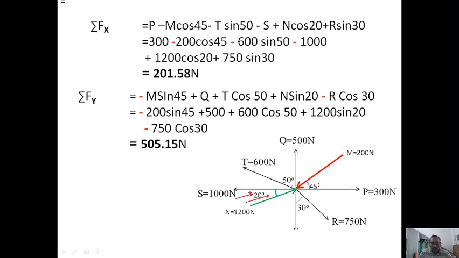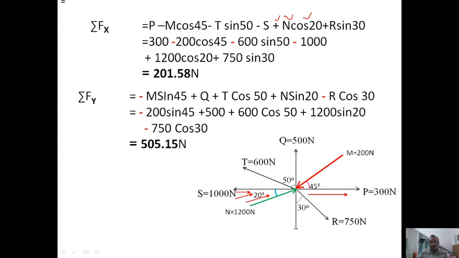N will come like this, like this. Hence, n is coming towards the positive x-axis. Hence, it should be taken as positive, right? And its closing side is towards the x-axis only. Hence, you should take the cos 20.